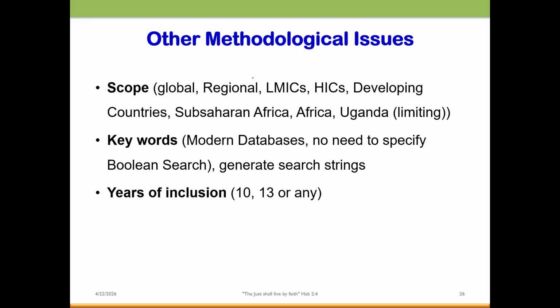Yes, another aspect is years of inclusion. You might be asking, how long should my scoping review cover? You have to state the years, which literature you are looking at. There is no limit. You can say maybe current literature, say 5 years, 2020 to 2026, when they ask you that you wanted to look at modern literature.